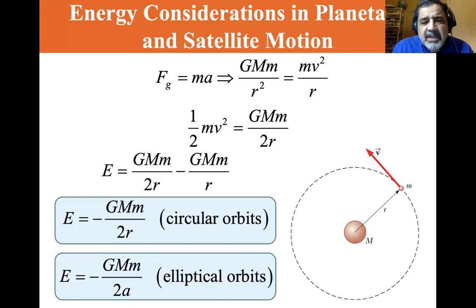Well, what is a? a is the semi-major axis. If you have an ellipse, the semi-major axis is the long axis, from the center of the ellipse to the outer edge. So b is the semi-minor axis, from the center up to the small diameter, if you want to call it.